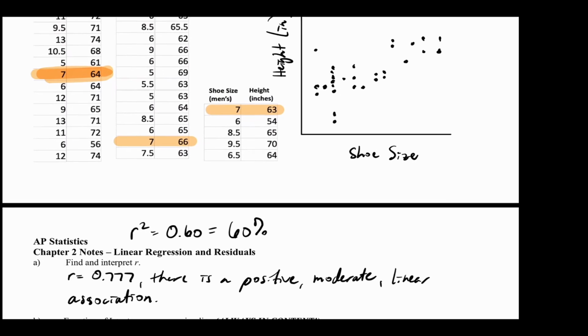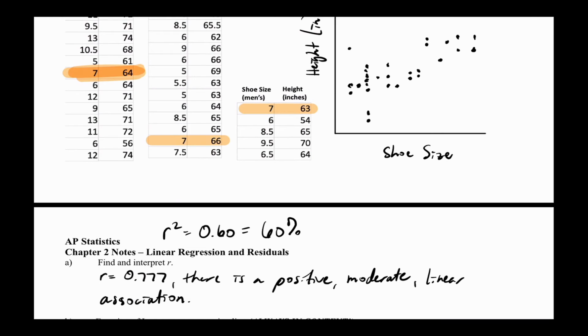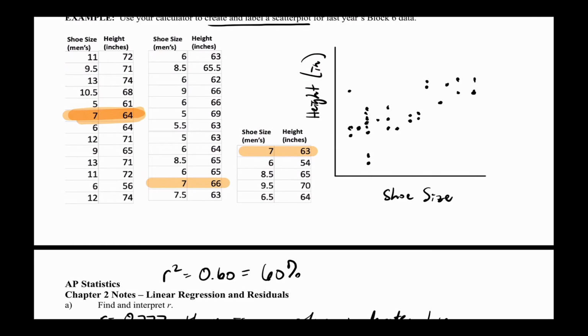So what R squared is, it's an effect size. How much of an effect is one having on the other? So we would say the reason why the response is happening, the response is heights. The reason why people are getting taller is because their feet are getting taller.